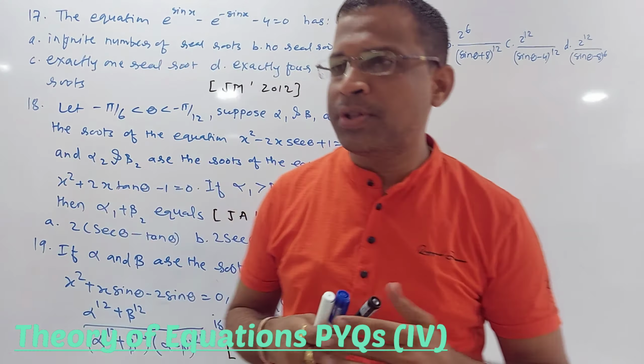It is 2 sec theta upon 1, minus b by a, and c by a is something like this. And similarly the second one has the sum minus 2 tan theta, and the product of the zeros, c by a, is minus 1. That is what I am getting. And make a note about this.